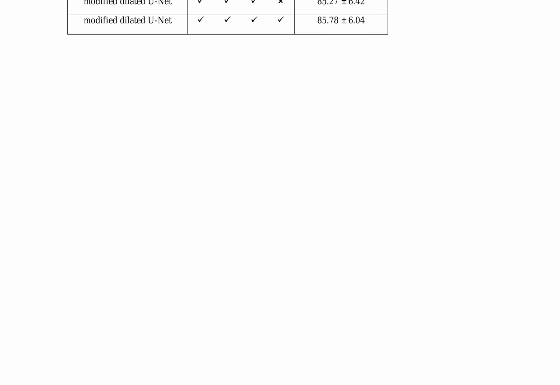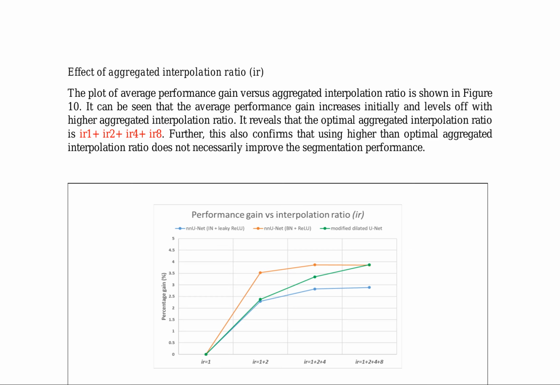These findings provide strong evidence for the effectiveness of the proposed method in improving segmentation performance through ensemble learning. The ablation study underscores the significance of the interpolation ratio in enhancing segmentation performance and confirms the efficacy of the ensemble learning strategy employed in the proposed method. The impact of the aggregated interpolation ratio on performance gain is examined, revealing a nonlinear relationship.